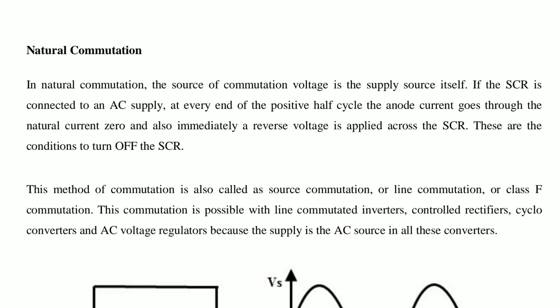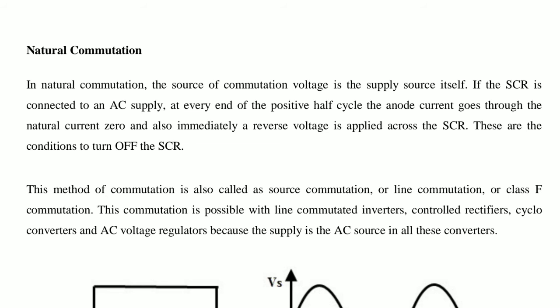Please remember, natural commutation is also called source commutation because the source itself behaves like a commutation medium, or the source itself will commutate the SCR. It is also called line commutation, or it has a second name, that is class F commutation.